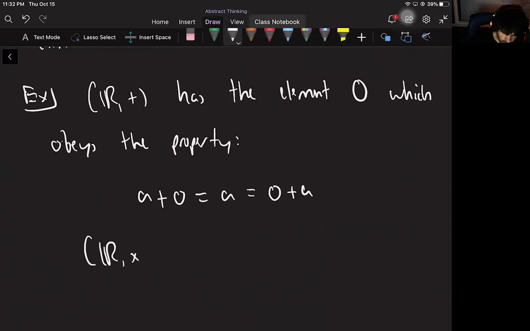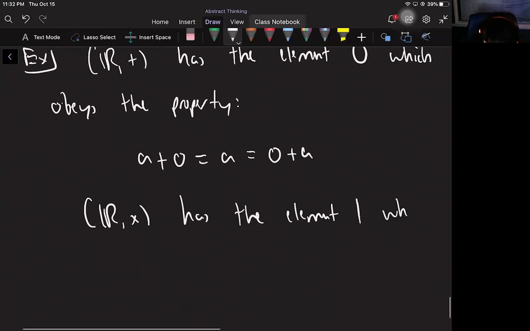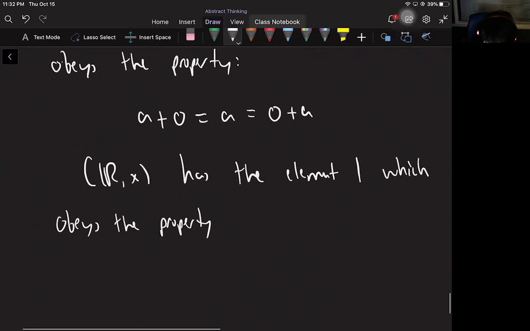R with times also has a special element, but it's 1 this time. And it obeys the same property, but with its operation, which is times instead of plus. So if I do A times 1, that does nothing to it in either order, so it keeps it exactly the same.